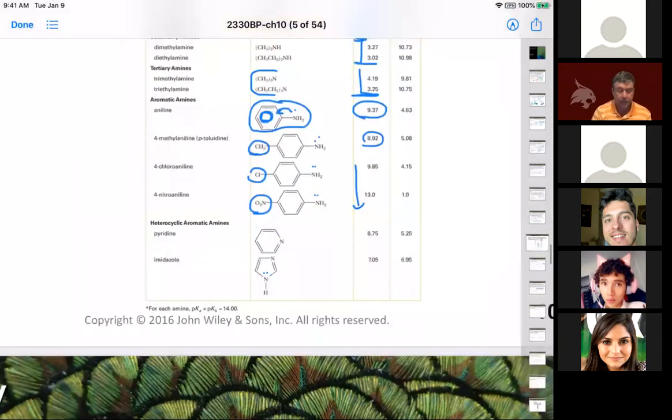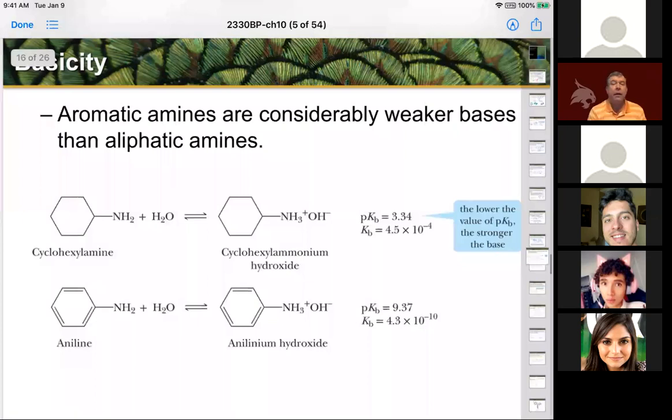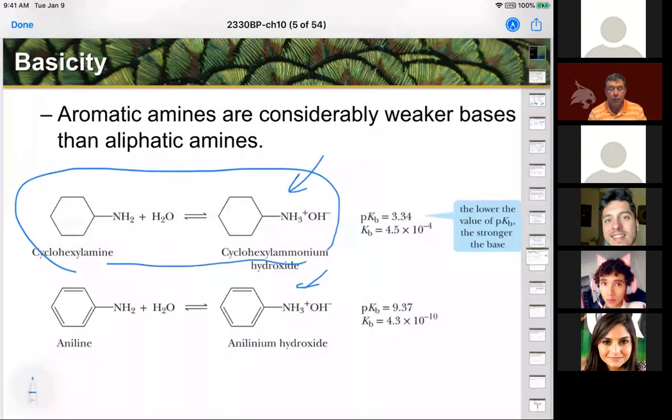All right. So let's figure out why. Aromatic amines are considerably weaker bases than aliphatic. And we know that because when we do this equilibrium and measure the pKa of these conjugate acids here, we get the idea that this pKb is lower than this pKb.